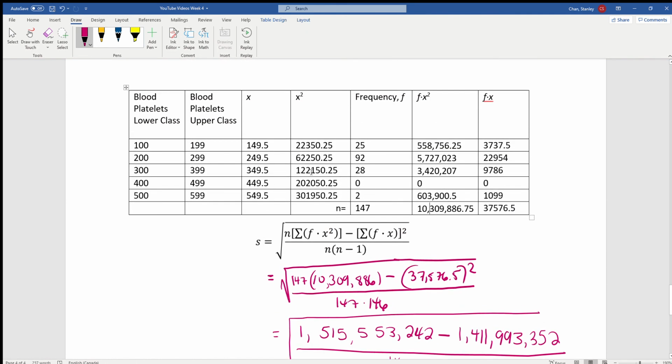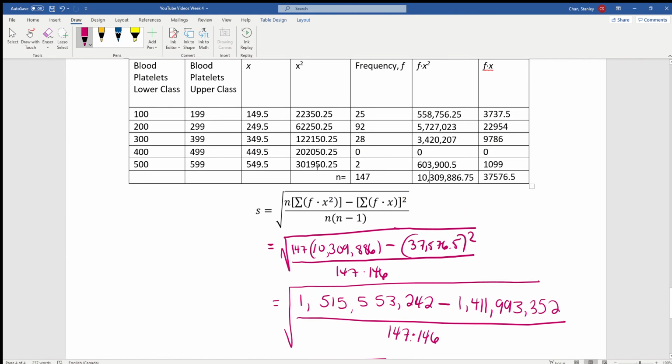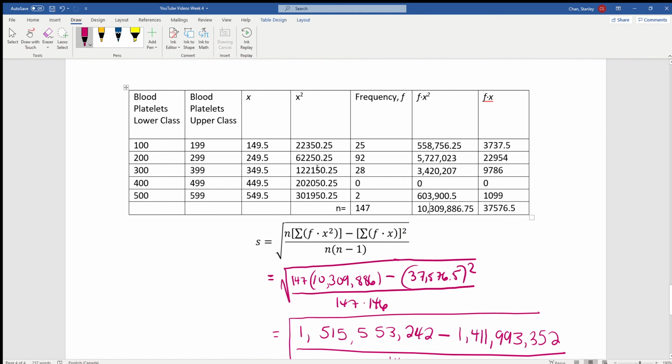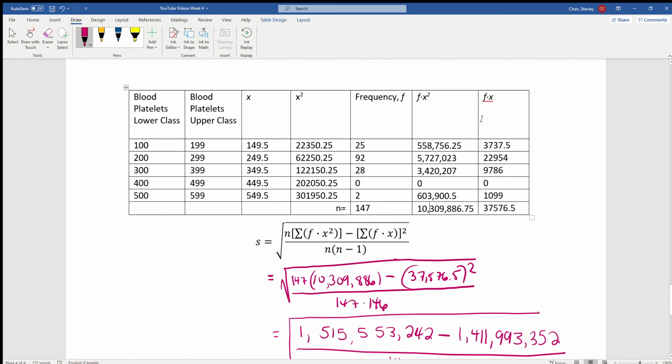Wow, all that work for 69.46. And then it would just be a blood platelet count, would be the units here. There's another example of how to do a frequency distribution standard deviation calculation.